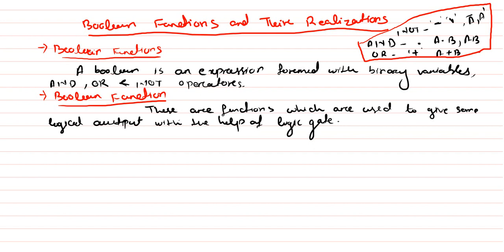Okay, so the maximum number of Boolean functions using n variables is 2 to the power 2 to the n. So let us skip that.